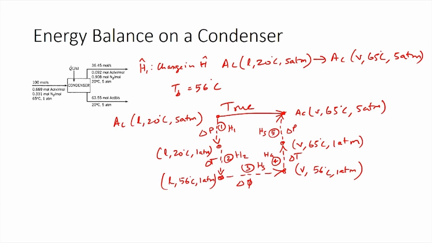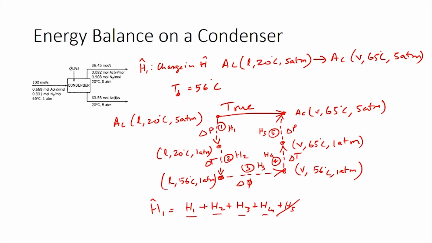So, the total enthalpy change, which is H1 cap, would be equal to the summation of these: H1 plus H2 plus H3 plus H4 plus H5. We already know that H5 will be 0 because it is a gas where there is a very small amount of pressure change. Assuming ideal gas behavior, this would not matter. So, the equation simplifies to the change in enthalpy for the 4 steps.